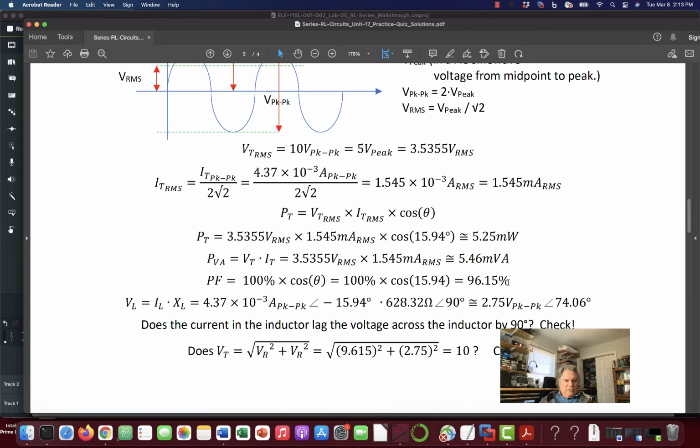Now, the voltage across the inductor equals IL times XL, and that's just an Ohm's law relationship. VL equals IL times XL. It's like V equals IR.